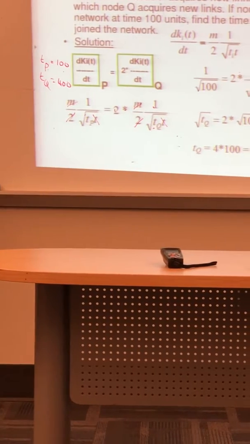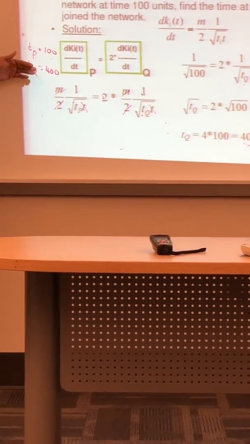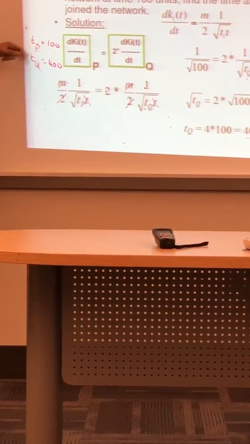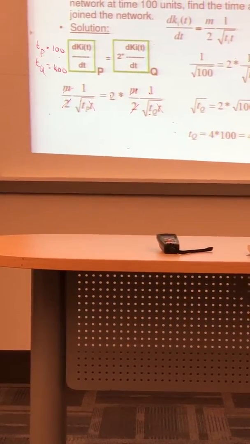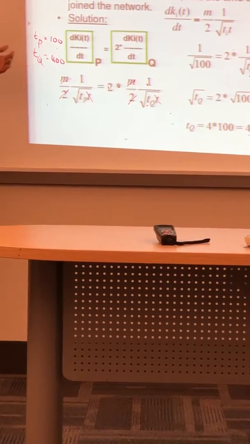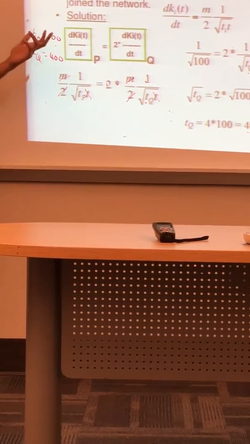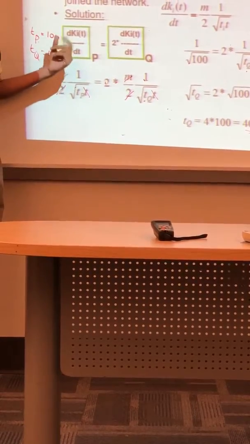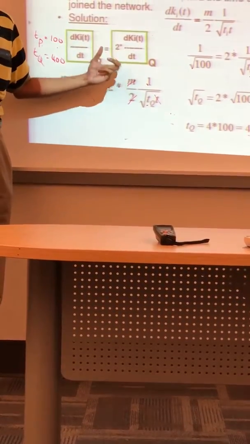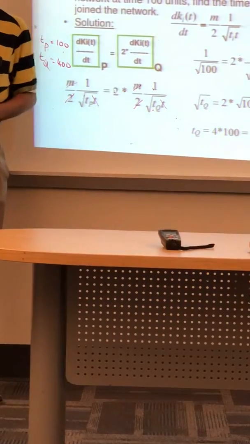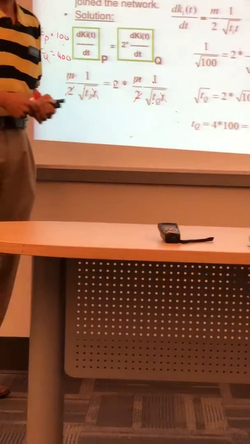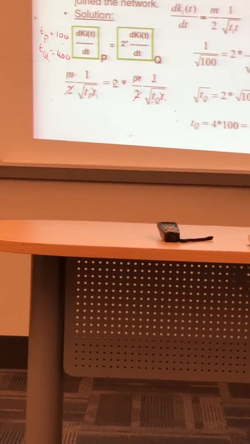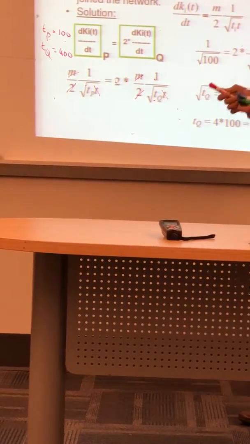And it makes sense here that TQ came out to be larger than TP, so TP joined earlier, and its degree is expected to grow faster than the degree of Q. It's also given in the problem statement that the rate at which the degree of P grows is twice the rate at which the degree of Q grows. So if you get TQ less than 100, there's some problem in your calculation. Just try to see if the answer makes sense.